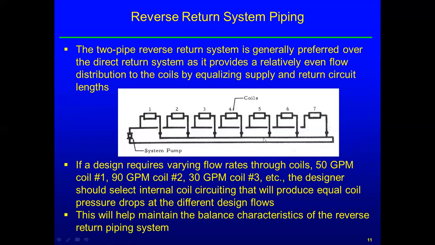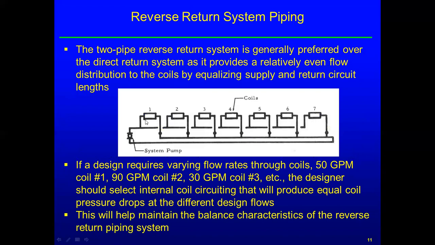The reverse return system, the 2-pipe reverse return, is generally preferred over direct return, as it provides a relatively even flow distribution. So this thing is pretty much self-balancing, much more so. Now that's assuming that the coils are pretty much the same. If the coils vary a lot, then that's kind of a hitch in the get along here, and this may not help out.